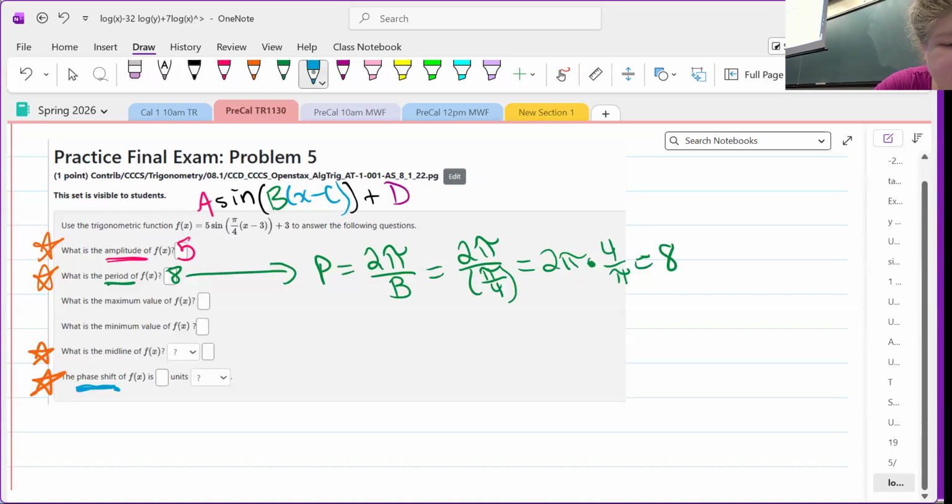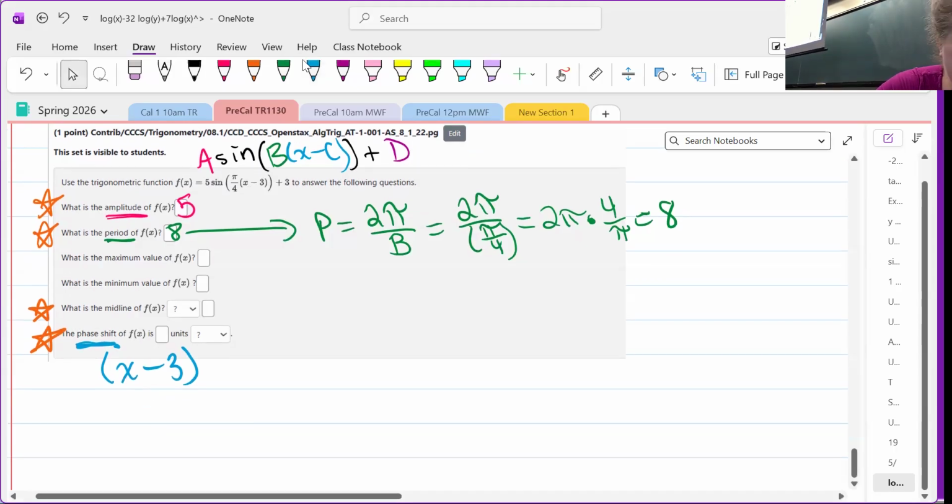All right, now I'm going to skip down to the bottom, phase shift. That's coming from our x minus or x plus thing inside the function. So x minus 3, with the factored form, 3 is our phase shift, but which way is it going to go? Yep.